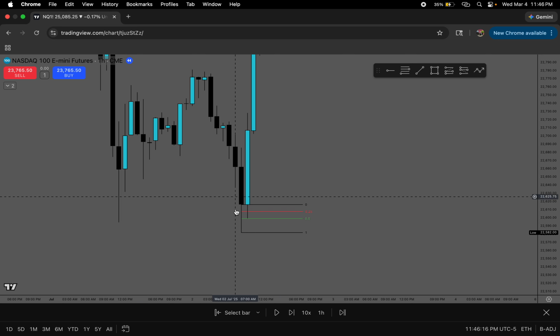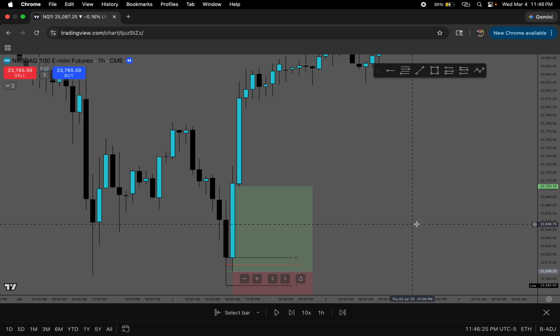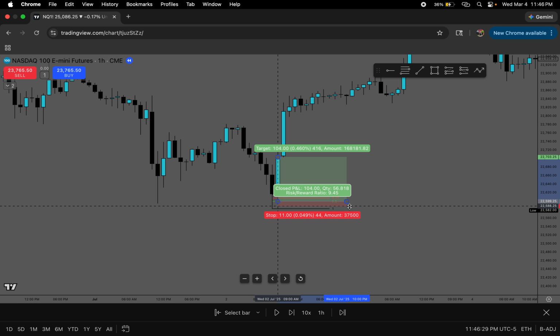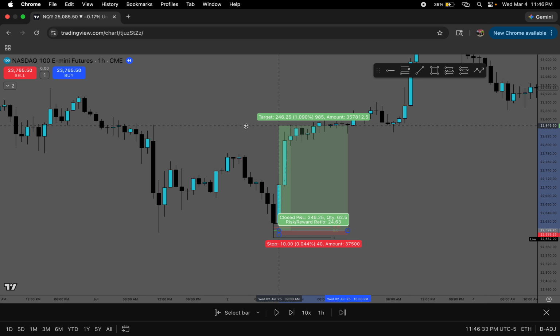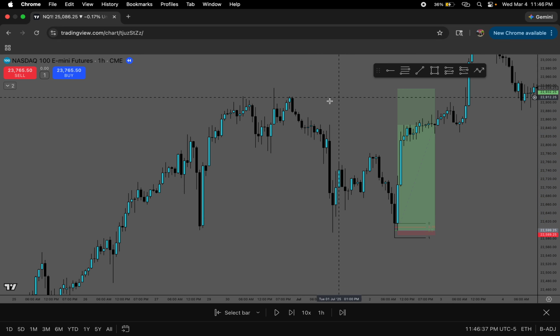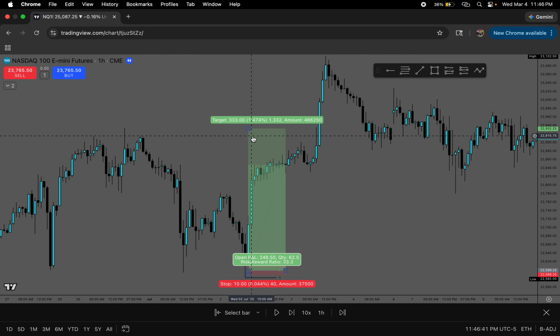Liquidity swept here. Rejects. Price opens up. Taps into the CE, the 50% mark of that wick. 10-point stop. Target these highs. This swing point. These swing points right here. And you have 333 points.